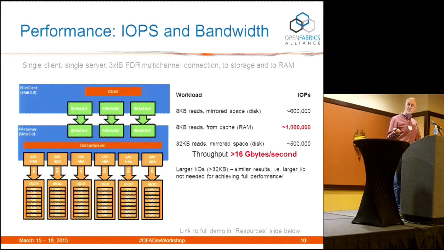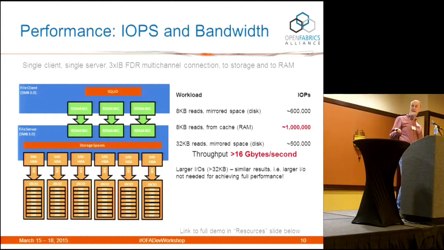We use Windows Storage Spaces and 3 multi-channel InfiniBand FDR NICs. We use 3 for a very interesting reason, and I'll show it to you in a minute. But anyway, to real disk, to these real SSDs, we managed 600,000 IOPS with this thing. There was a client, fairly generic client, and this flash SAN server.